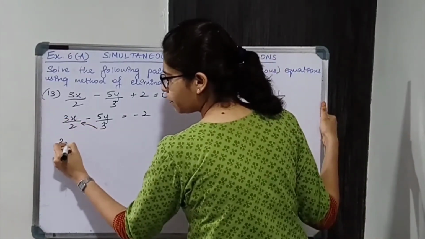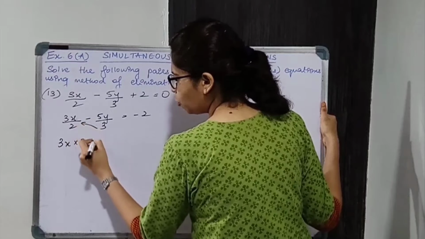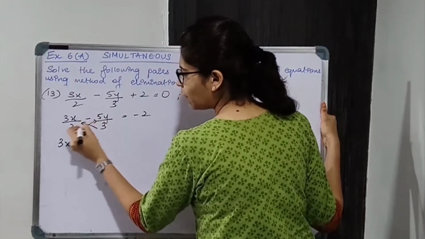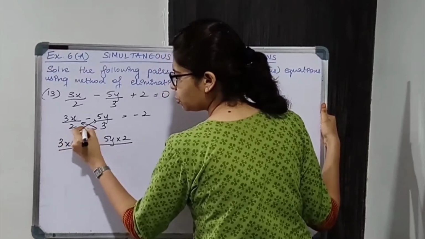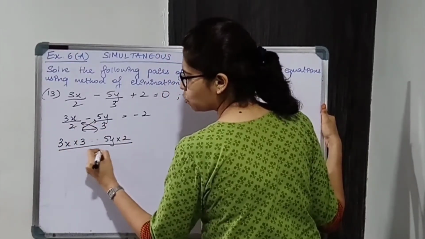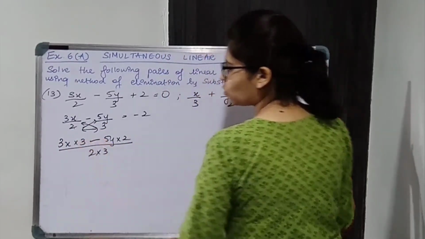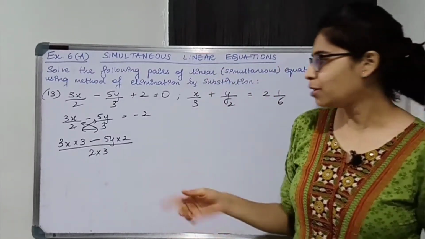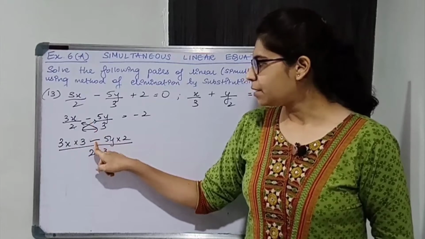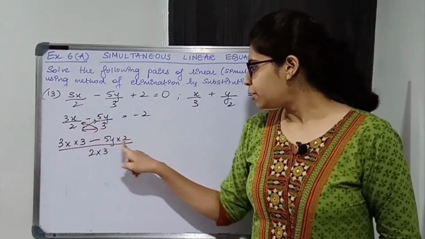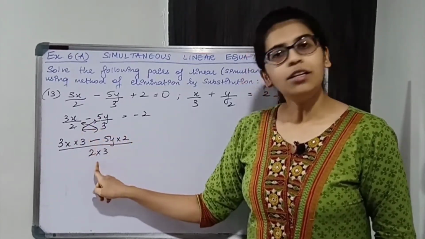3x into 3, put the sign in between, 5y into 2 and then multiply the denominators 2 into 3. Okay, so I call this crisscross method. So पहले criss करेंगे, okay, 3x into 3, then put the sign in between, cross 5y into 2, and then multiply the denominators.